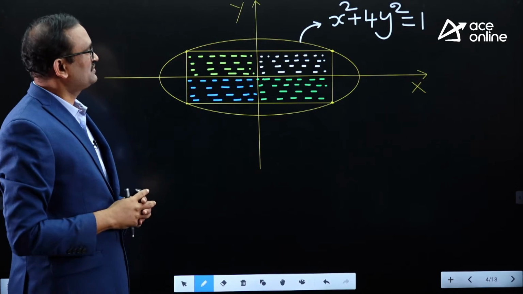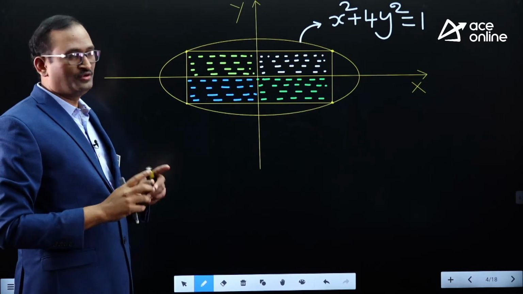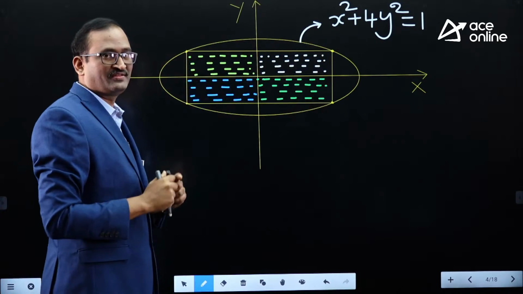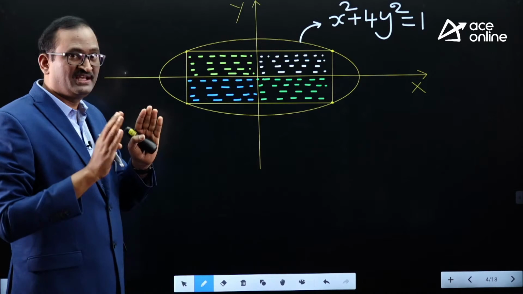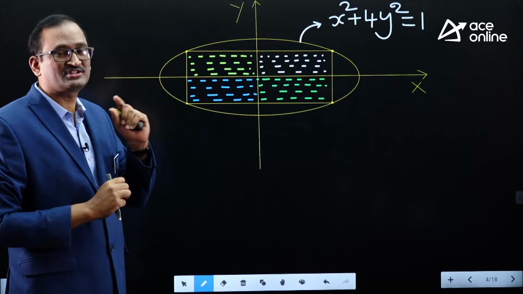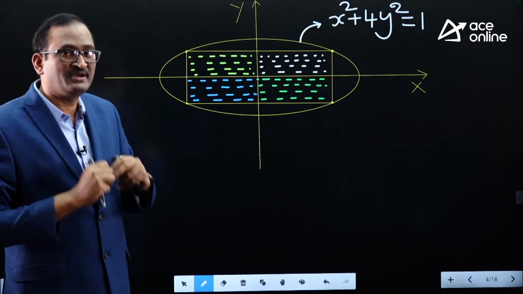That is x square plus 4y square equal to 1. You observe this is the rectangle whose vertices lie on the ellipse. Inside the big rectangle, please observe, there are 4 subrectangles and all are symmetrical.